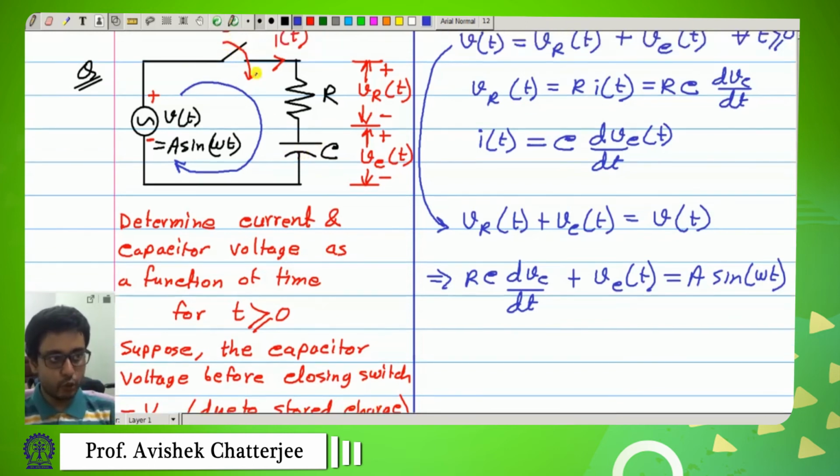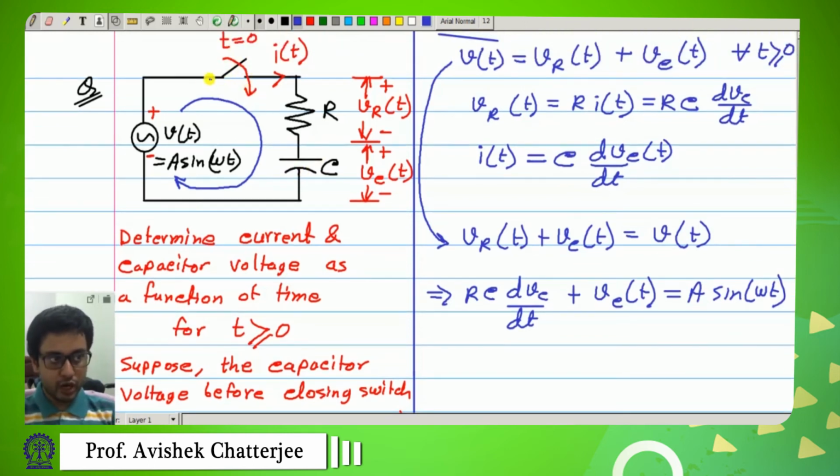Before this switch was closed, no current was flowing, but the capacitor can have some stored charge due to what might have happened in a long history earlier.